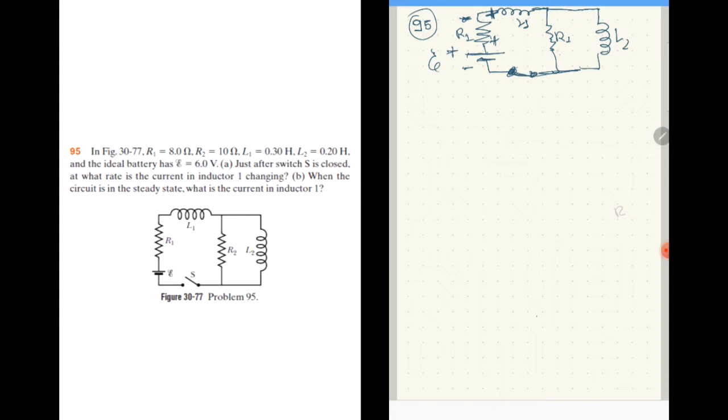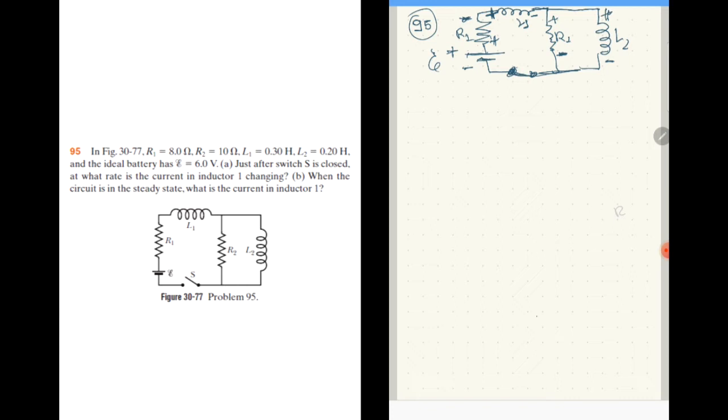So this is plus, this is minus. Here is minus because this side is near the negative side of the battery. So this is plus, and this is also minus because this side is the nearest to the negative terminal of the battery.